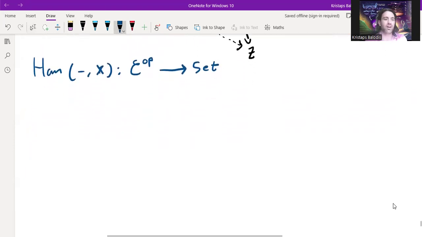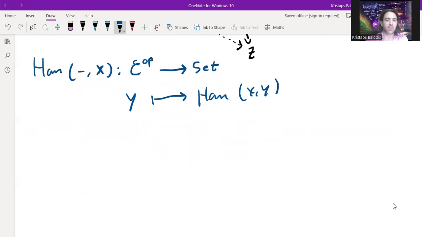Well, yes. So of course, as you probably already guessed, Y is going to get sent to the set of homomorphisms from X to Y. And okay, if this is a functor, suppose I had some F. So here's some notation.